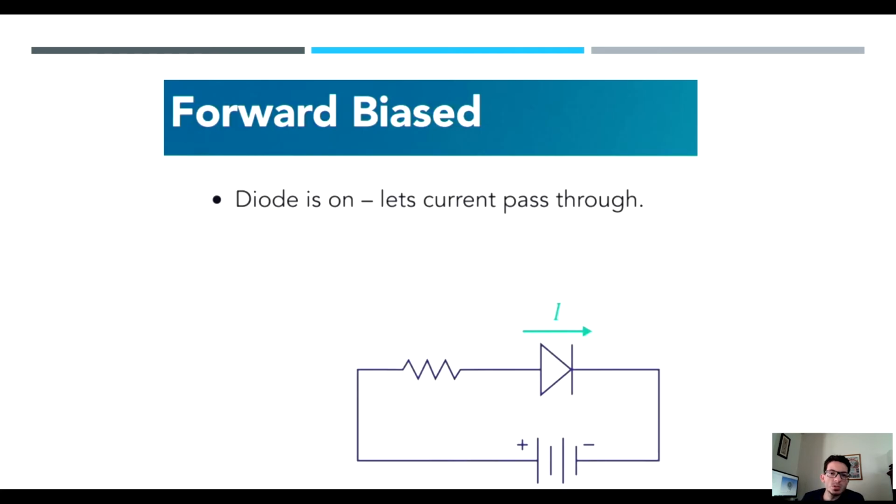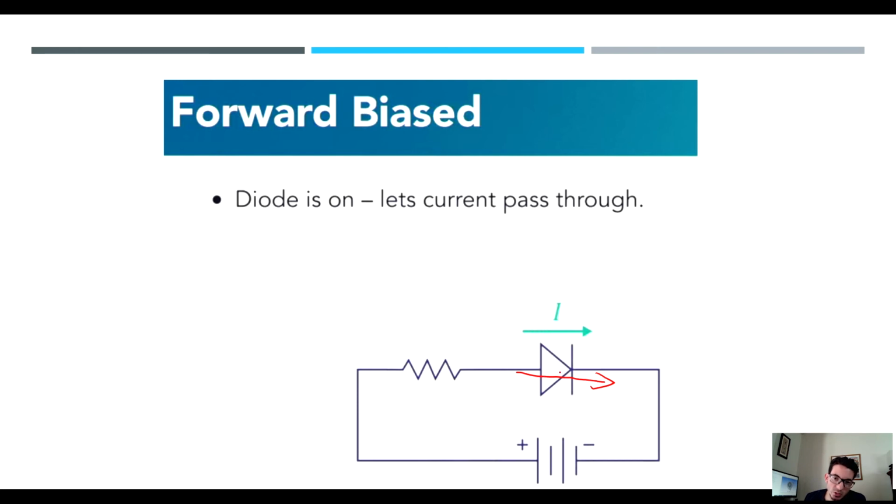When you talk about diodes, you will hear something called forward biased current or forward biased voltage. That is the name of the current and the voltage that goes through. In other words, it is the voltage and the current that is flowing in the direction of the triangle.